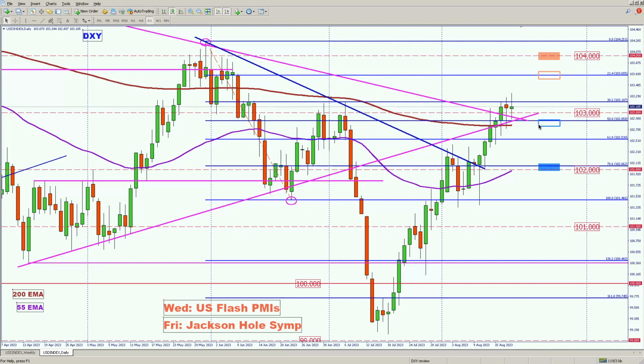So it needs to find support and build support from the 50 fib 102.86 and continue climbing up towards the 103.66 area, 65 or 66 area for the next target. And we'll see if any of these news will provide any impetus for that.